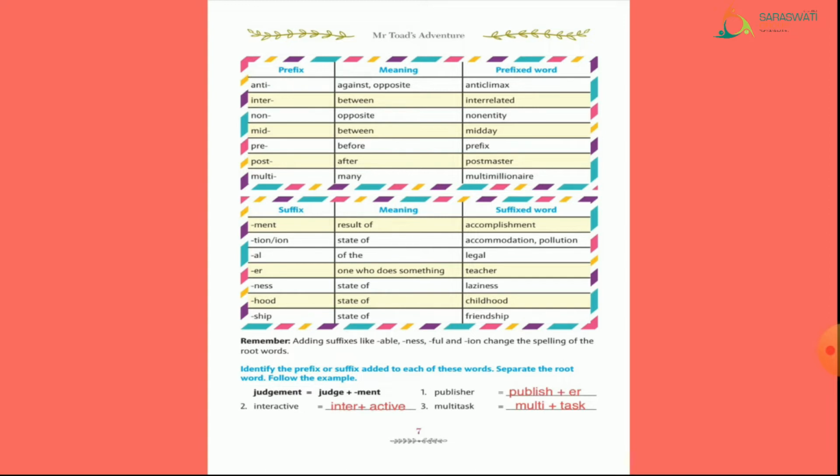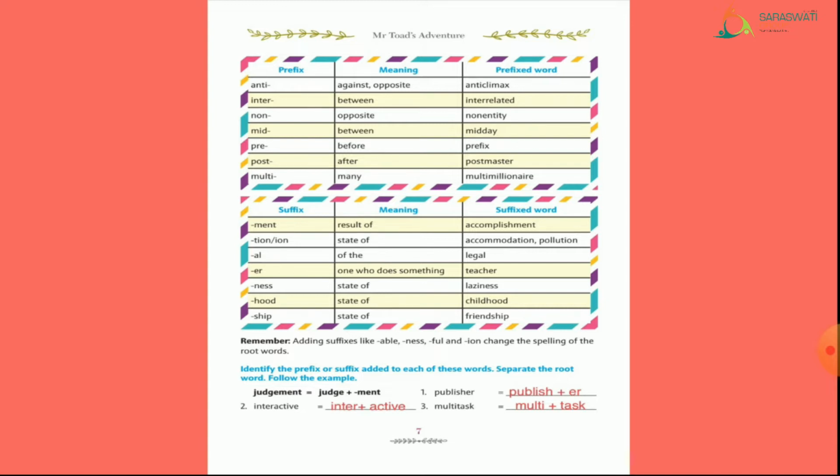For example, the car stood in the middle of the yard, quite unattended. Now the word unattended is made up of a prefix and the root word, that is un plus attended. That means the car was not attended by anybody, not watched by anybody.